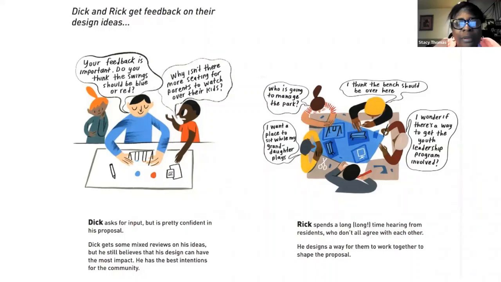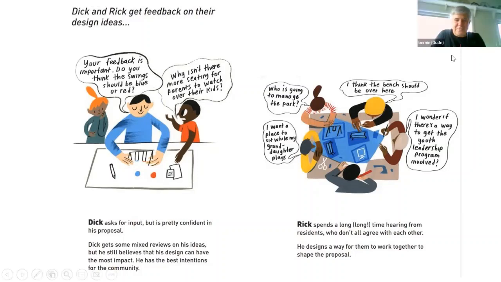So weird. Is that Rick talking? I don't think it's Rick. Yeah, it's okay. It's just neighbors discussing. Okay. Rick spends a long time hearing from residents who don't all agree with each other. He designs a way for them to work together to shape the proposal.